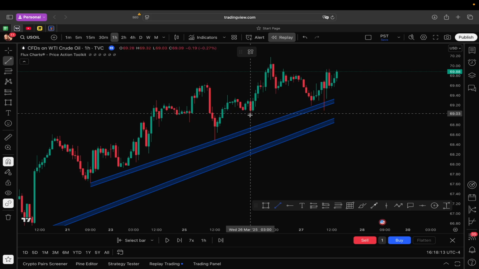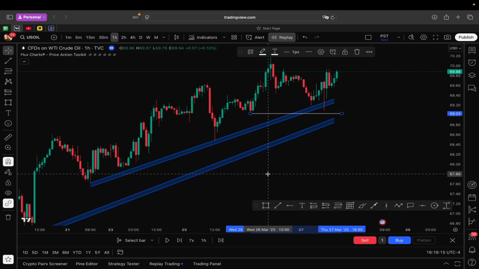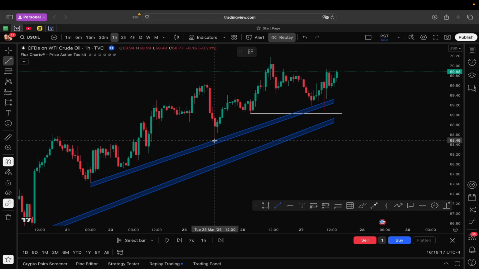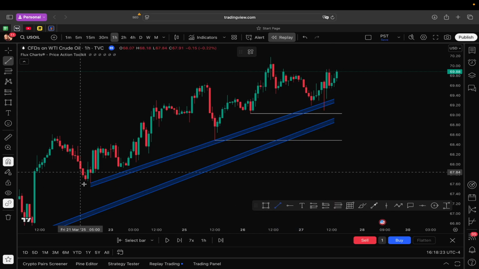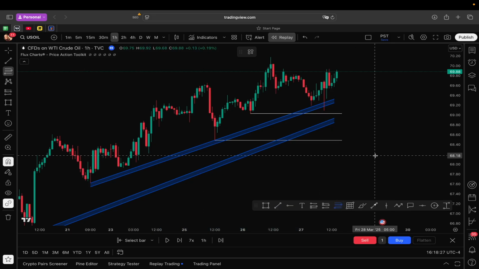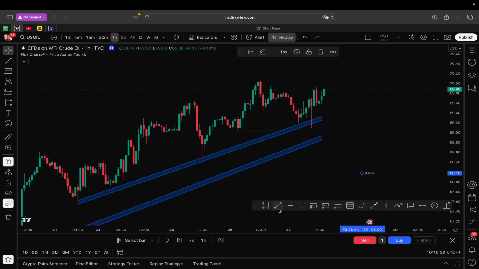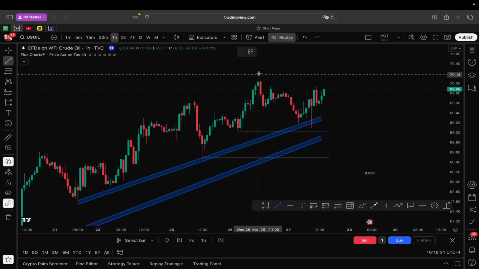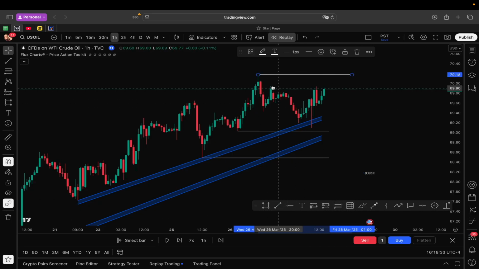So liquidity is resting right over there, did not take it out. We have liquidity resting right over here, did not take it out. And we also have liquidity resting right over here and have not taken it out yet. But we also still have liquidity right over here on this high. So let's see what happens.